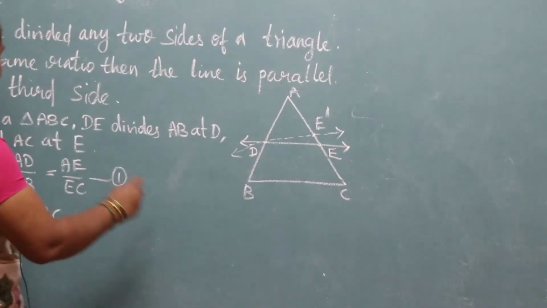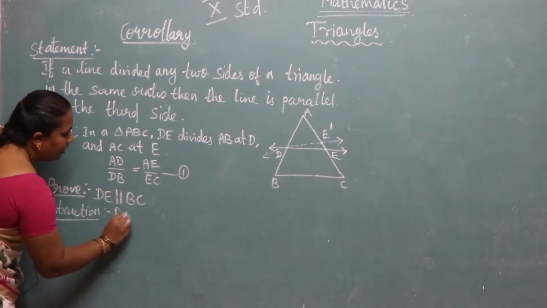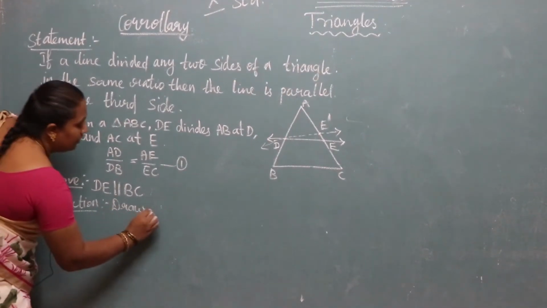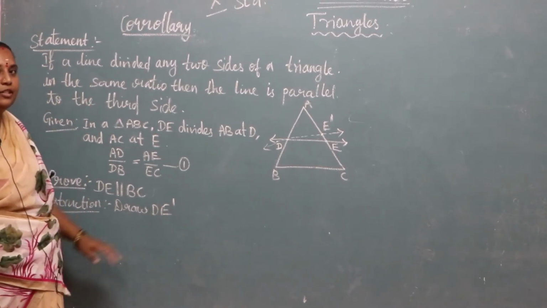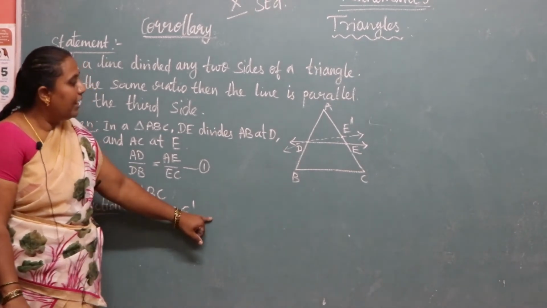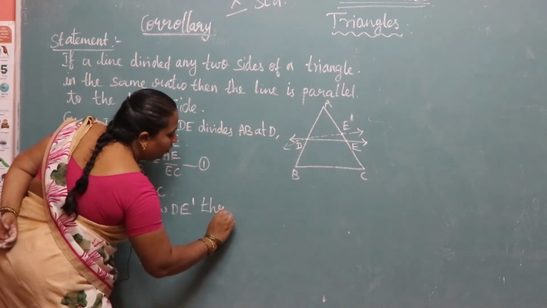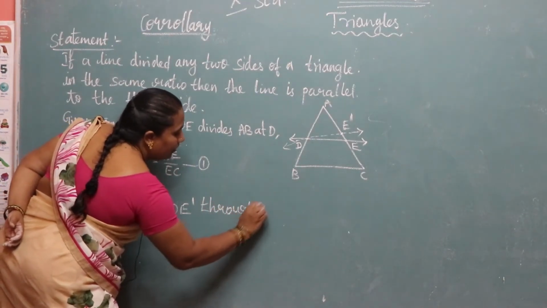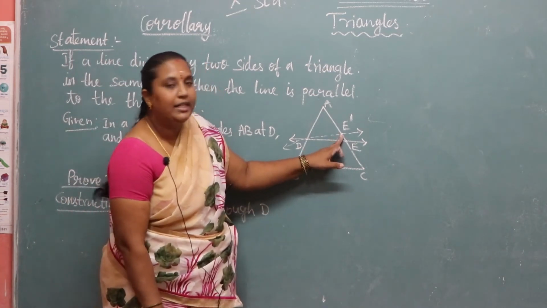Okay, so now construction. Draw or construct DE dash. DE dash passes through D on AB, and this intersects AC at the point E dash.